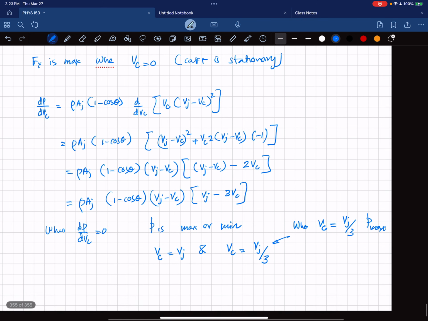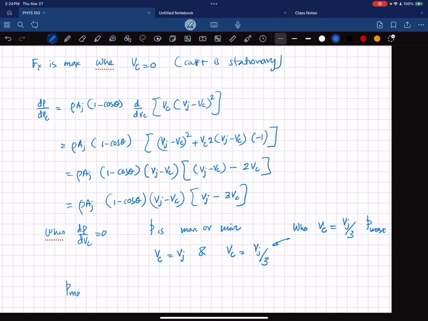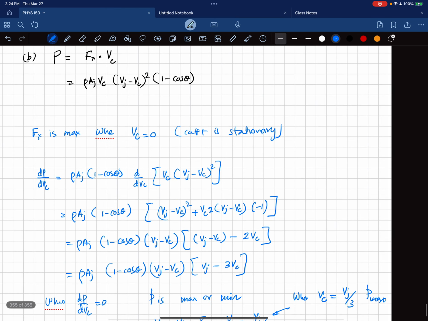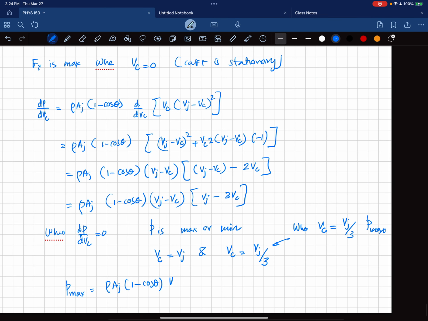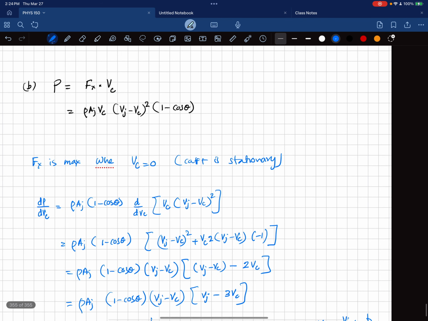So if you want to find P max, it is rho Aj 1 minus cosine theta. Instead of Vc, we put Vj over 3, and then Vj minus Vj over 3 squared, right?